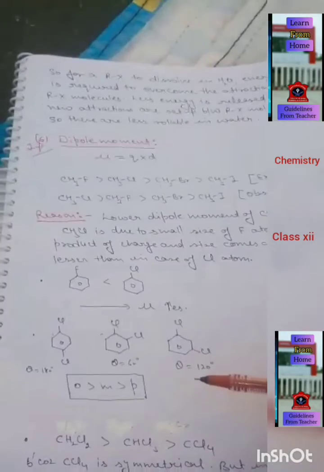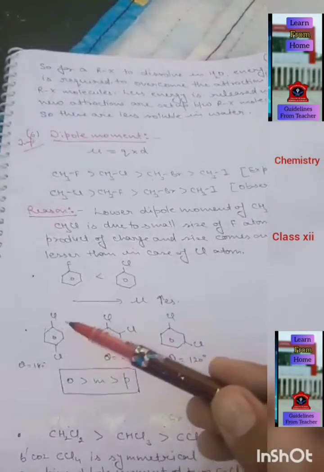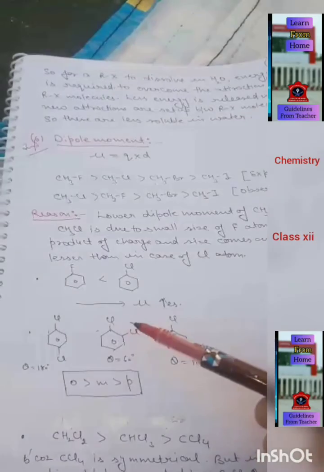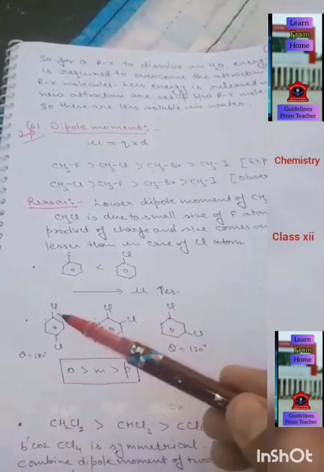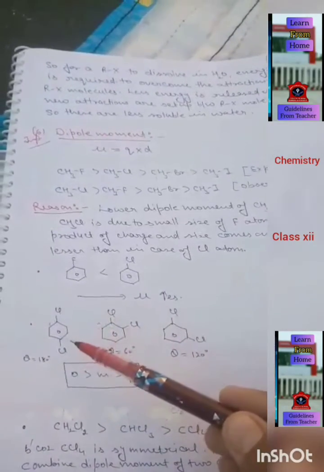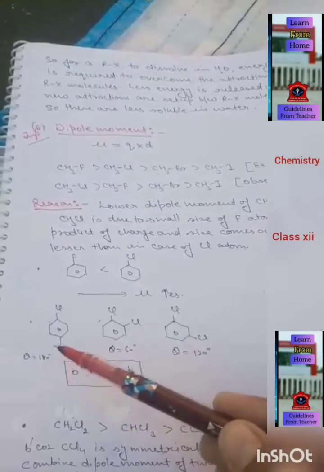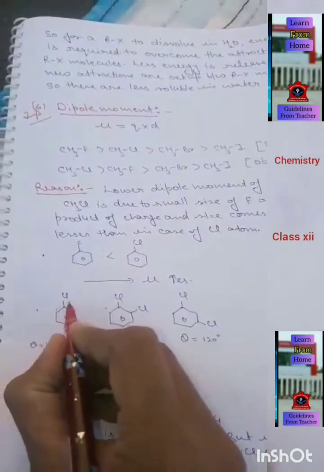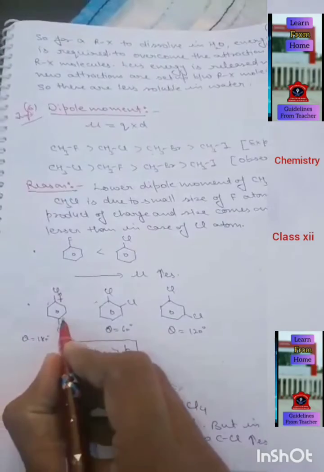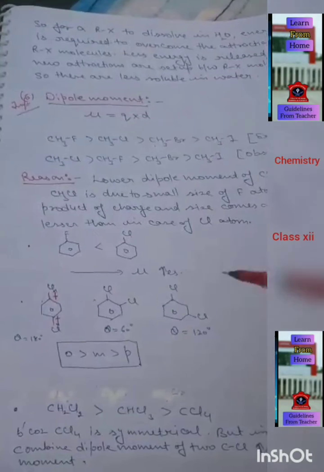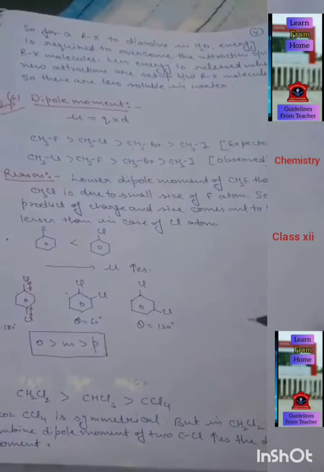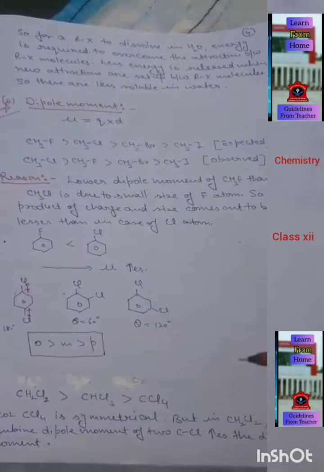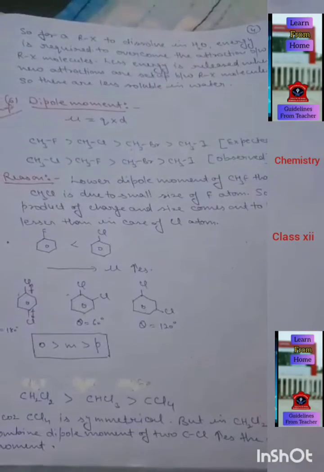This is another important NCERT example: 1,4-dichlorobenzene, 1,2-dichlorobenzene, 1,3-dichlorobenzene. As we know, the para isomer is a symmetrical molecule. So theta is 180 degrees and the dipole moments cancel. So the para molecule has zero dipole moment, and we know that those molecules which have zero dipole moment are insoluble in water.